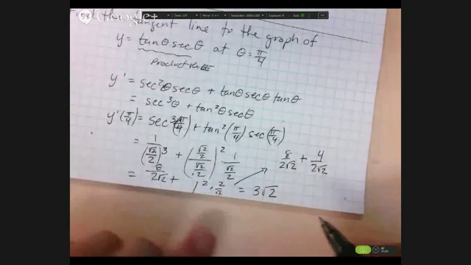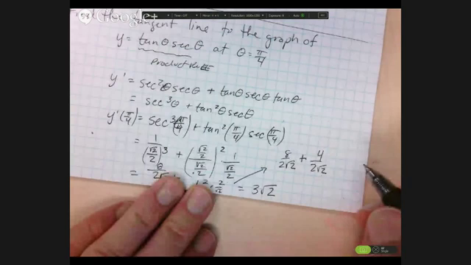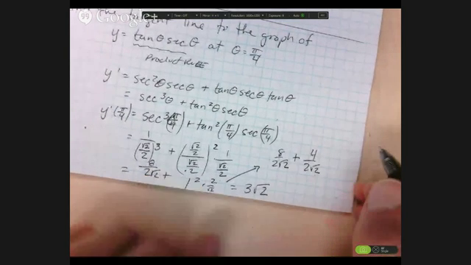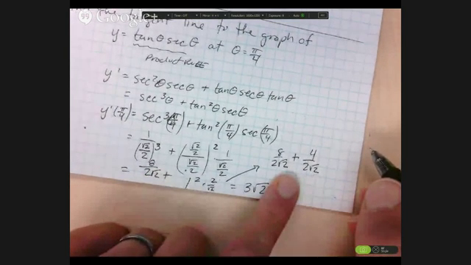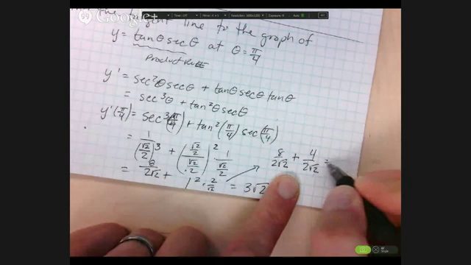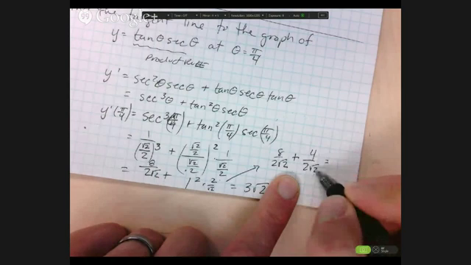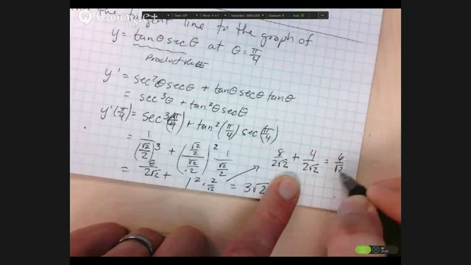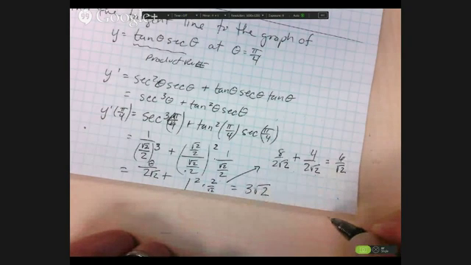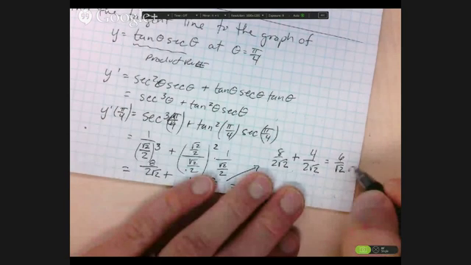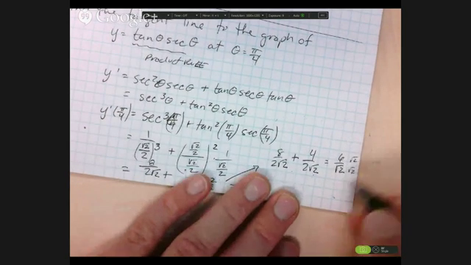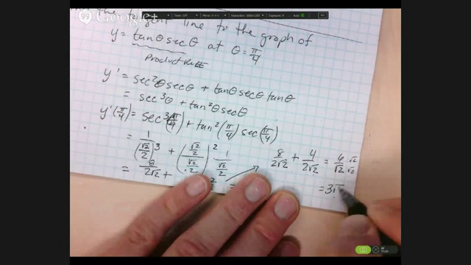Now we add: we get 12 over 2 root 2, which is 6 over root 2. Now multiply by root 2 top and bottom, and you get 6 root 2 over 2, which is 3 root 2.